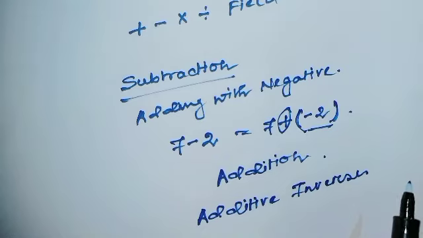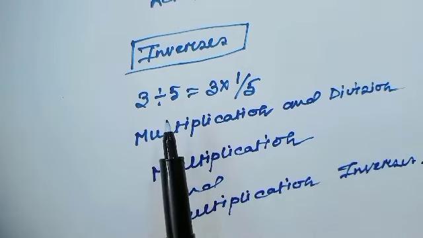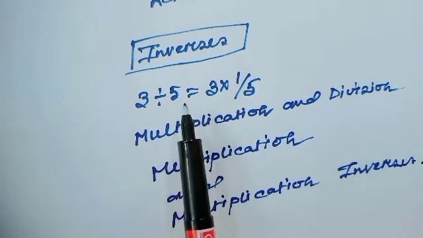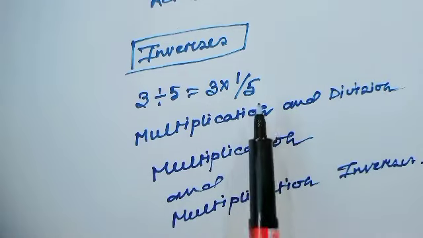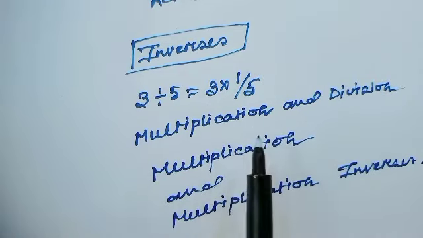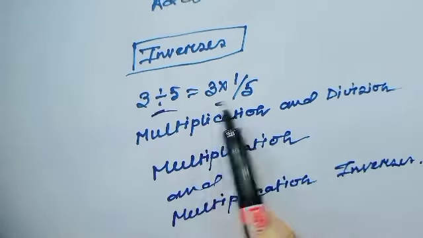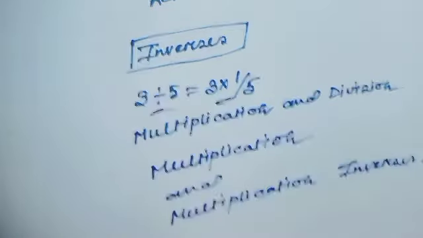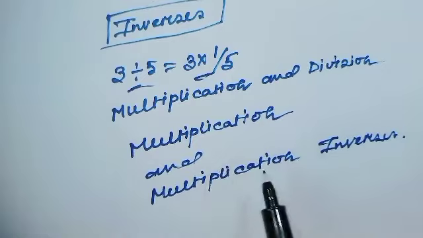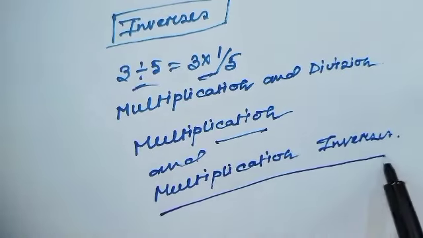There exists more than one kind of inverse. Let's see. In abstract algebra, 3 divided by 5 means 3 times 1 over 5. Here the operations are actually multiplication and the multiplicative inverse.